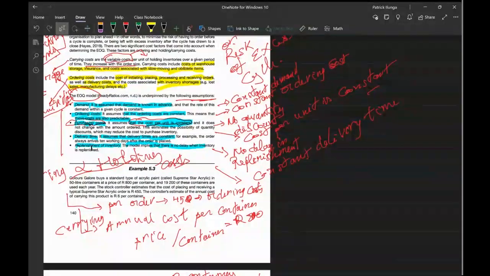I repeat, you need to order before your inventory is over. Therefore, what does that mean? You need to know the exact time that you need to order before your inventory is over. Why? Because you are an entrepreneur.